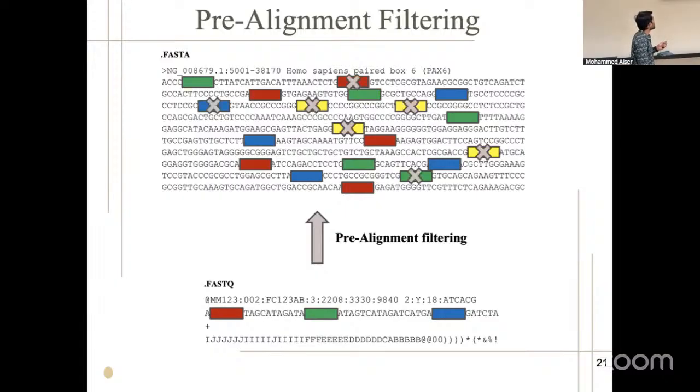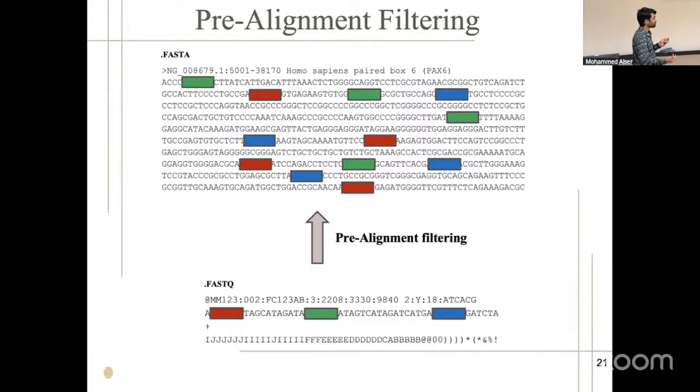Let's say after filtering, it finds that these have less possibility of finding matches, so it will remove these locations, and then look for matches in the remaining locations only. So the alignment will be reduced further, and it will be faster computationally.